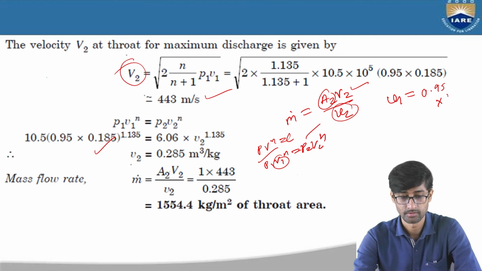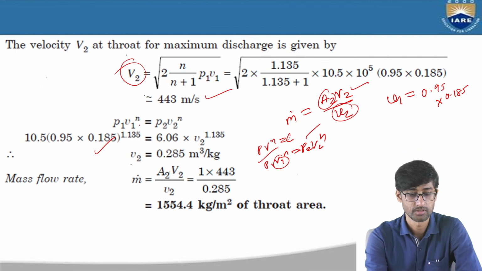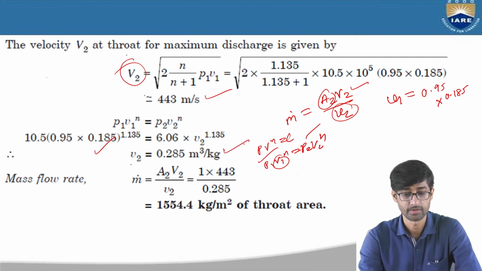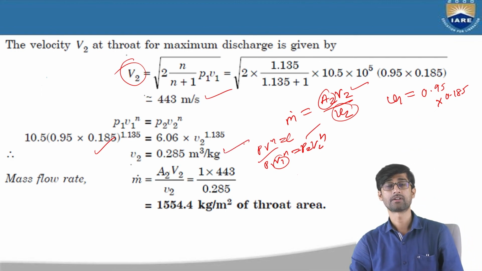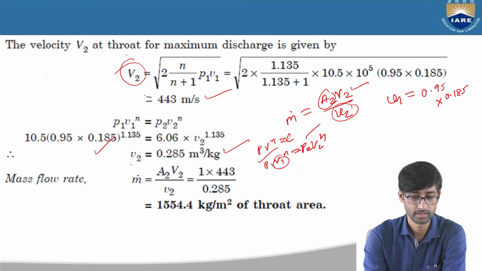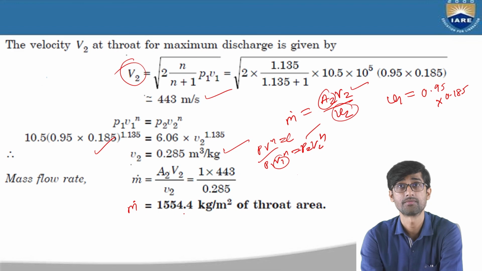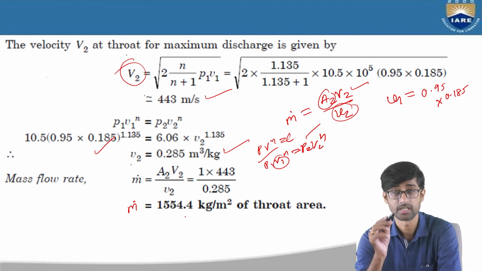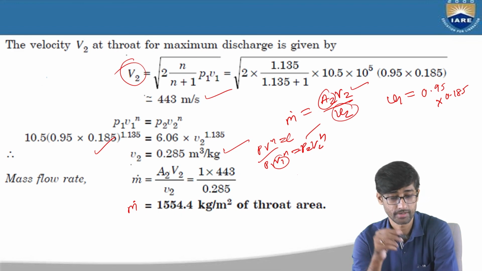This is the value, 0.185. So substitute here to the power n. From this equation, you calculate what is V2. Then you will calculate what is the mass flow rate. Then you calculate the mass flow rate, that is equal to area into V2 by small v2. So you will get the answer. Value of mass flow rate is equal to 1544.4 kg per meter square, because we have taken here unit area.